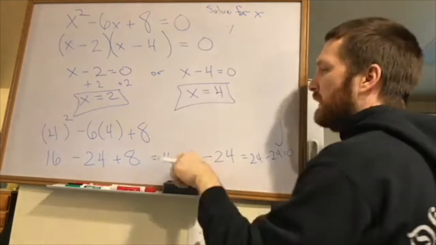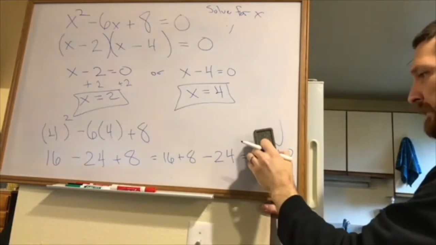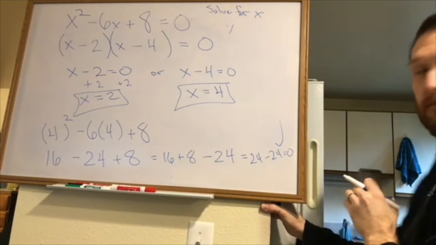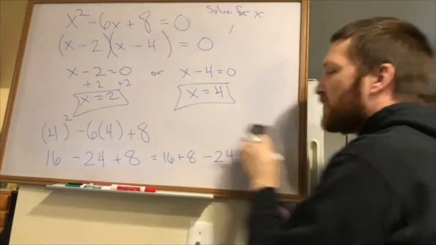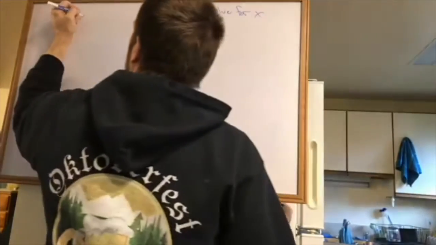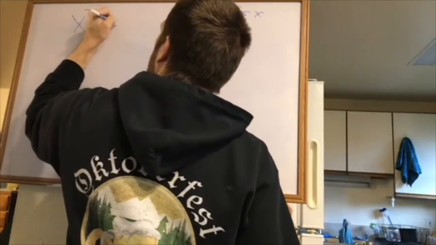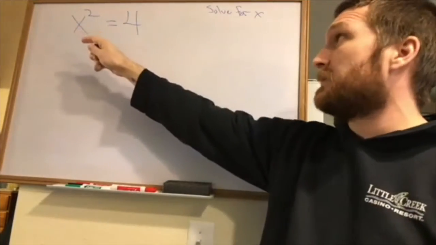Let's say we had, can I erase all this? Can I erase this? Yes. Okay, so this kind of makes sense because if I had something like x squared equals 4, in this case I can get the x all by itself.